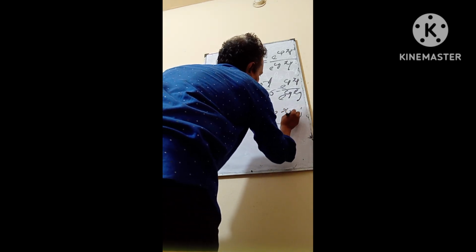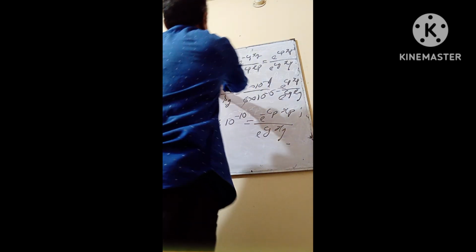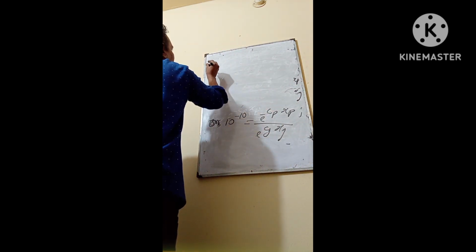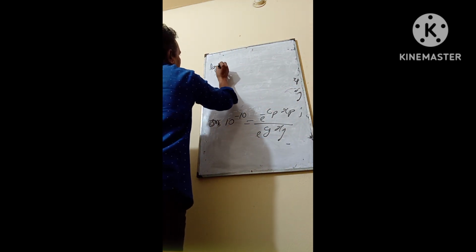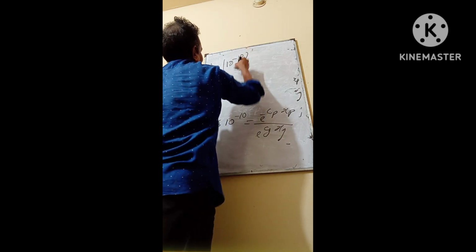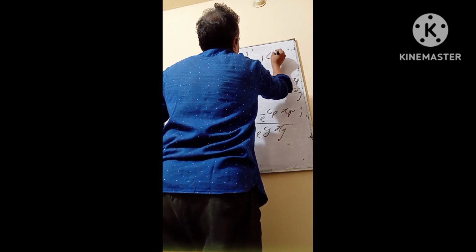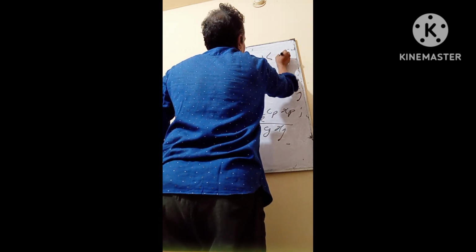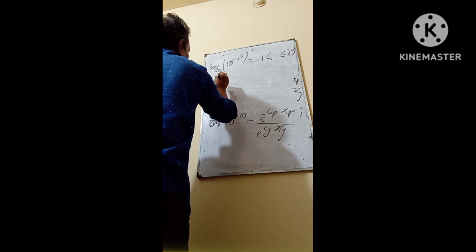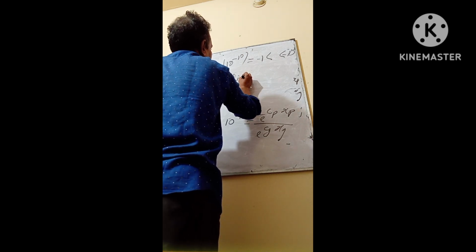Now log e, 10 to the minus 10, that means minus 10, negligible for this equation.